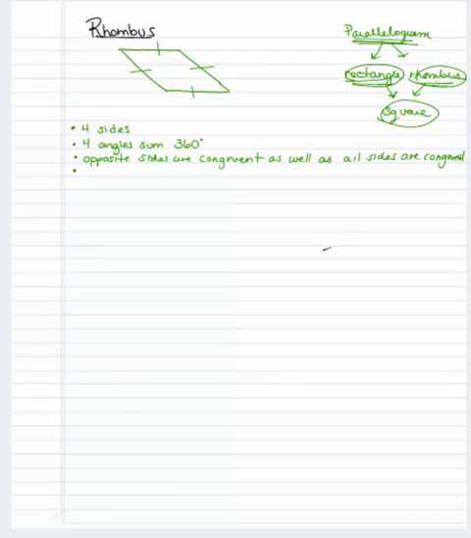Another thing about rhombus is, like these two angles, let's say this angle is 50 degrees, then we know the one across from it, opposite angles, are the same. It's the same idea through parallelogram as it is through rhombus. And if this is 50 degrees, then the one next to it, or consecutive to it, is going to make 180, so that must be 130.